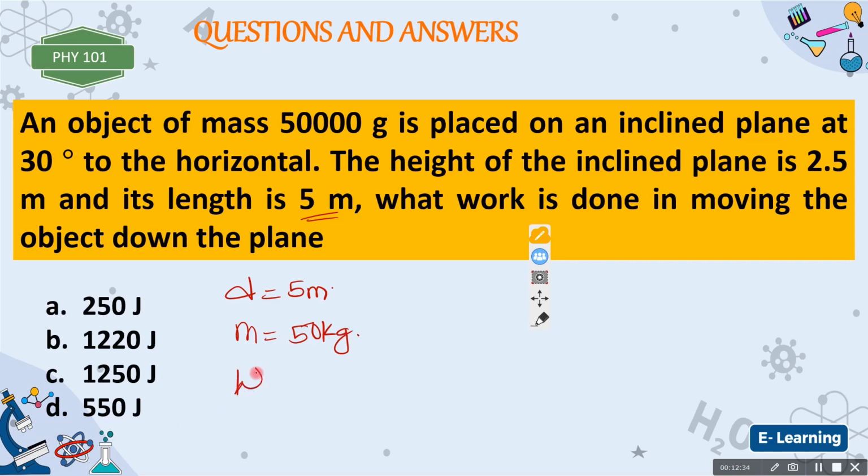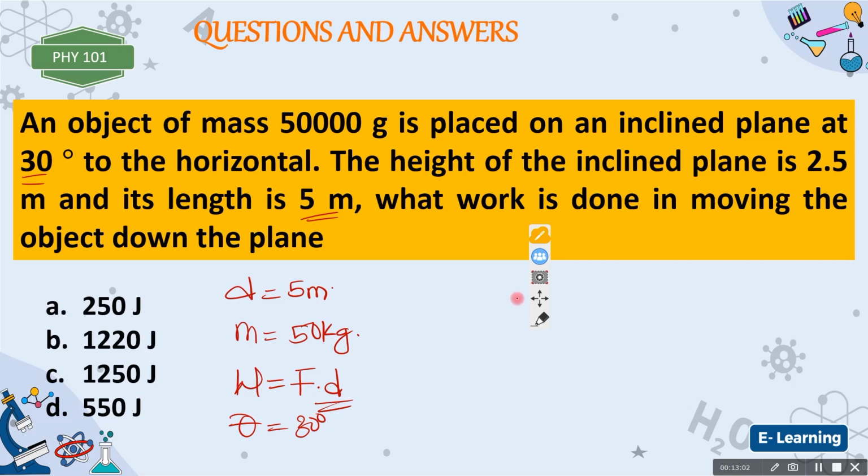What is the formula for work? Work is force times distance. All right. Now, they did not actually give you the angle. Okay, they gave you that it's at 30 degrees to the horizontal. So theta is 30 degrees. Now, my dear student, how do you solve a question like this? You need to look for the force that will be required to pull it down the plane.